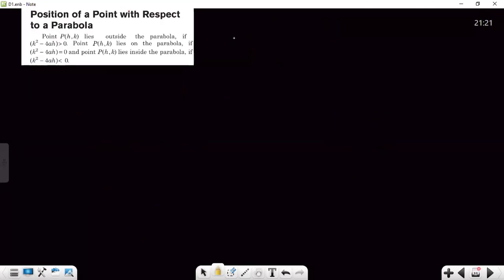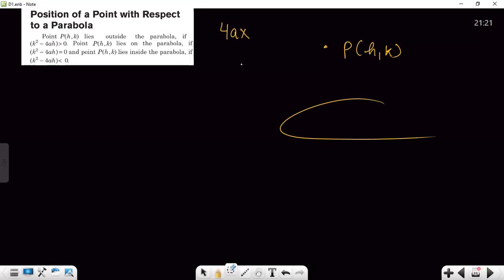Okay. So this time we'll be discussing a point (h, k) and its position with respect to a parabola. Typically the equation of the parabola is y square is 4ax, or x square is 4ay. If this is the equation of the parabola, then we are going to check k square minus 4ah.